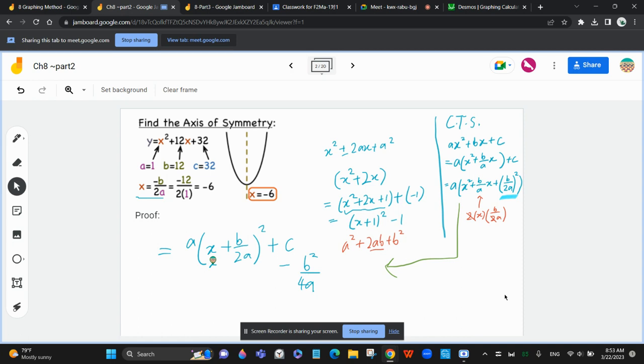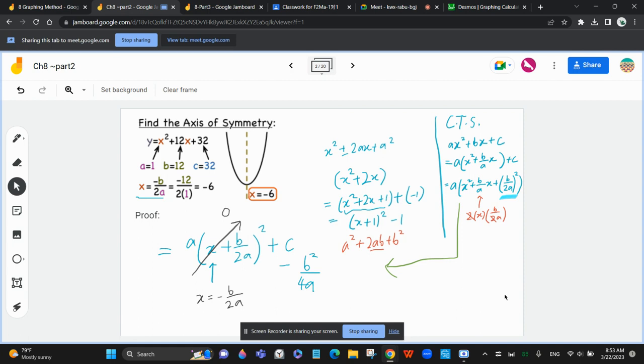So if we have completed the square, we know that to achieve the minimum point or the maximum point, which depends on a, we need to plug in x equals negative b over 2a, because this whole term will become 0.